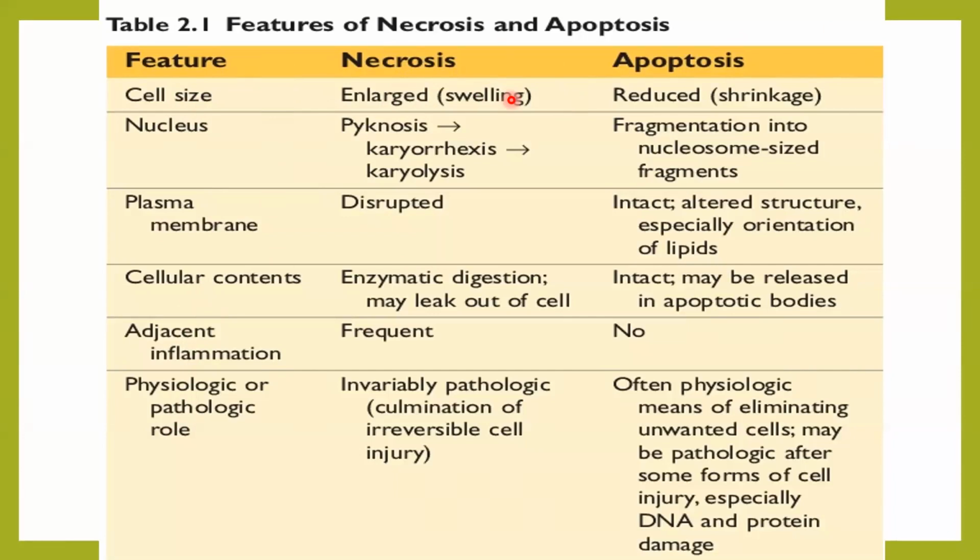It can't maintain the gradient, there's no energy being produced, so fluid comes in and there's swelling. But in this other one, it's the opposite. There's shrinkage. There's no loss of the plasma membrane. Instead, it's diffusion of the contents, and therefore you get shrinkage.